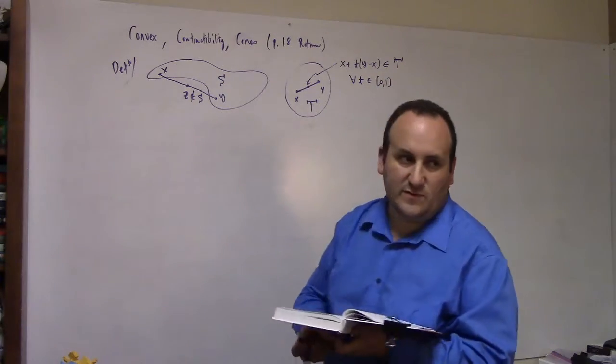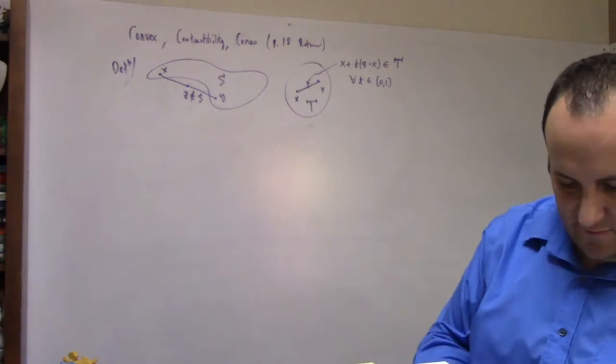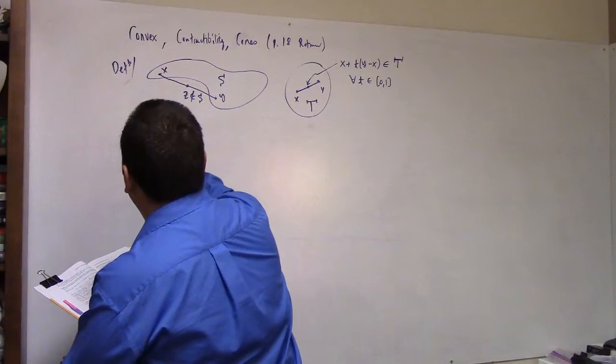So if all line segments between points of a subset of R^m are contained in the set, it's said to be convex. We've talked about this before.